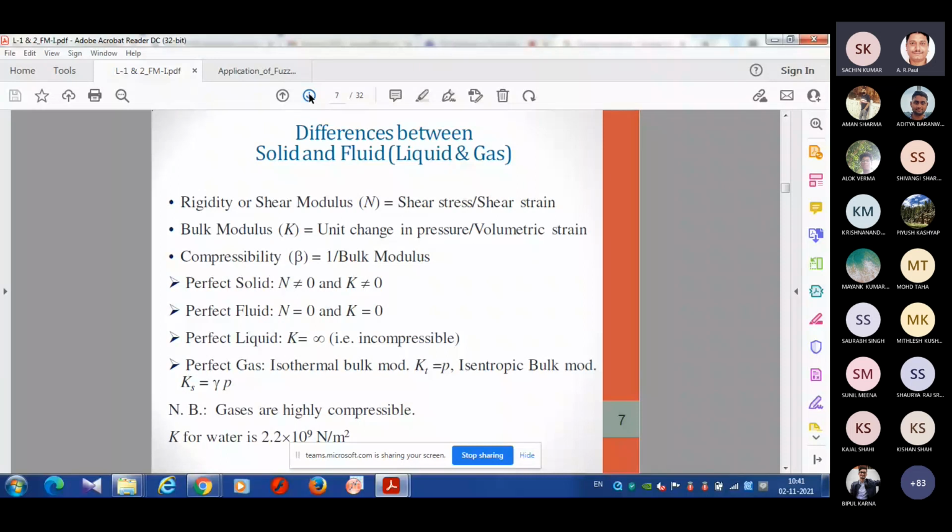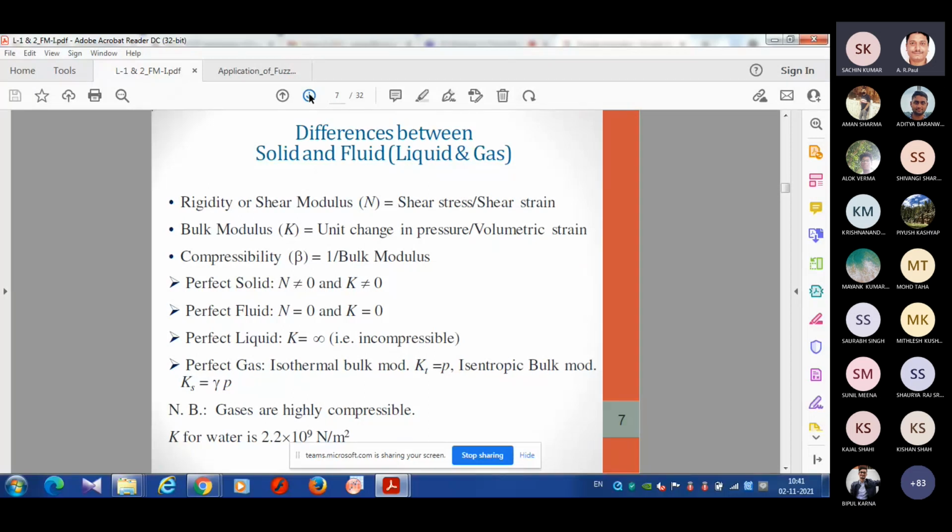But when you talk about an example of fluid, we consider water, because in the case of a perfect fluid, the water is incompressible. But can we call water incompressible under any circumstance? No. Under a very high pressure, water is also compressible. But within this range, you can consider water as a perfect liquid.